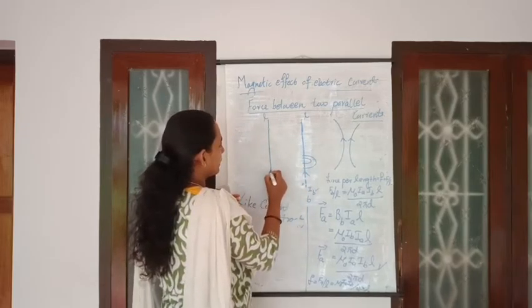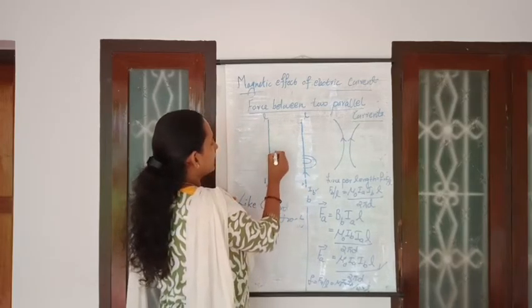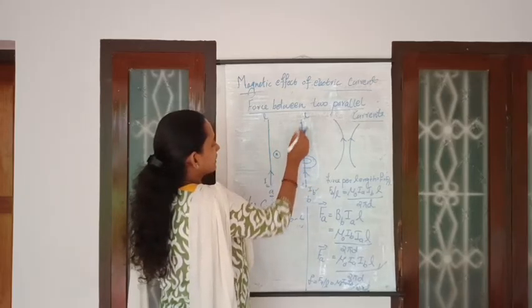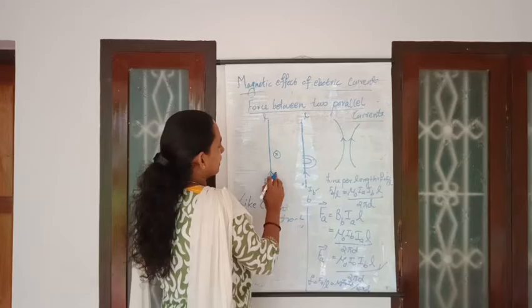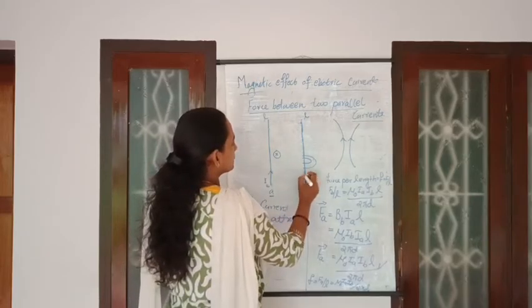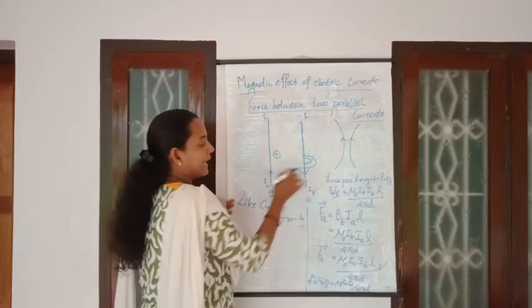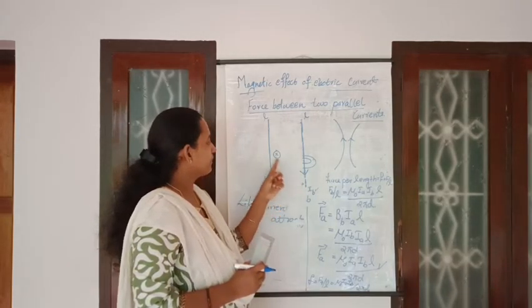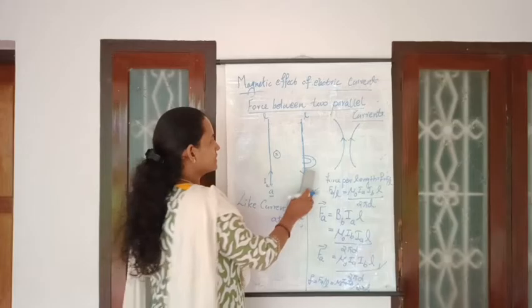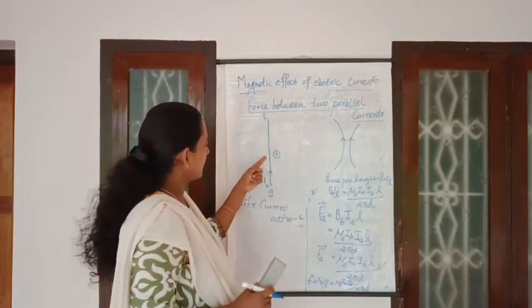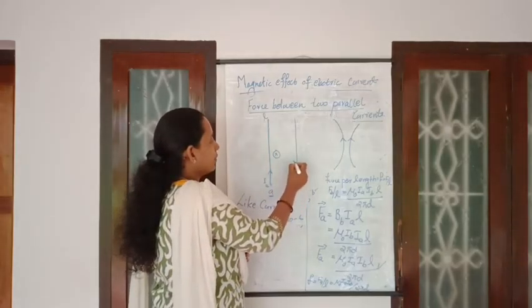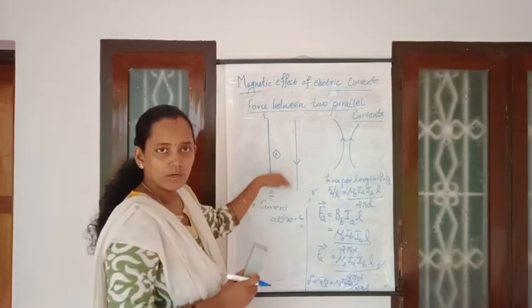If the current is flowing upward through this one, the magnetic field is inward here. Therefore, this is experiencing a force upward, but here the current is flowing downward, unlike current. So this will experience a force because of this. For the first conductor, the magnetic field is inward. In that field we keep a second one, but the current is flowing in the downward direction.